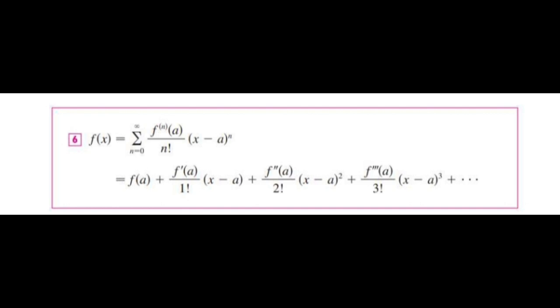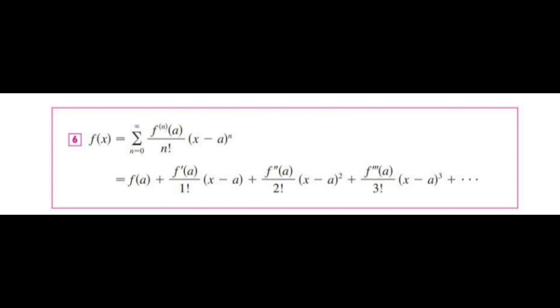We have f of x equals the summation of f raised to n of a over n factorial times (x minus a) raised to n, which equals f of a plus the first derivative of f at a over 1 factorial times (x minus a), plus the second derivative of f at a over 2 factorial times (x minus a) squared, plus the third derivative of f at a over 3 factorial times (x minus a) cubed, and so on and so forth.